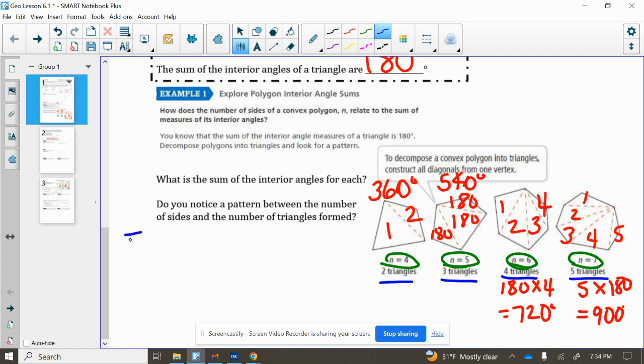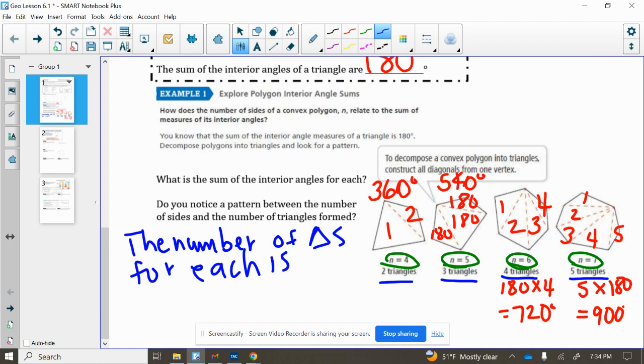Well, hopefully what you are noticing is the number of triangles for each is 2 less than the number of sides.